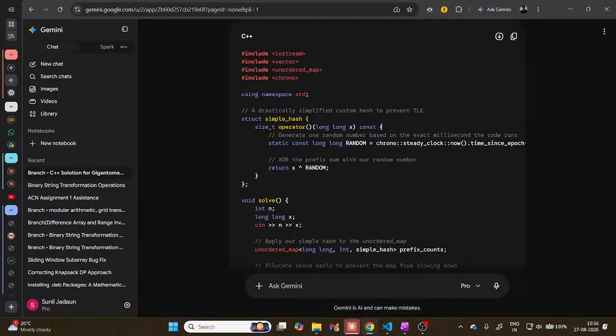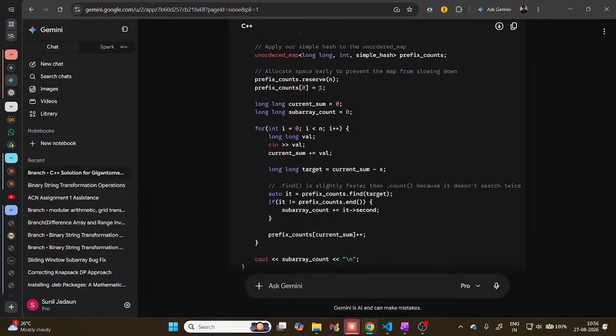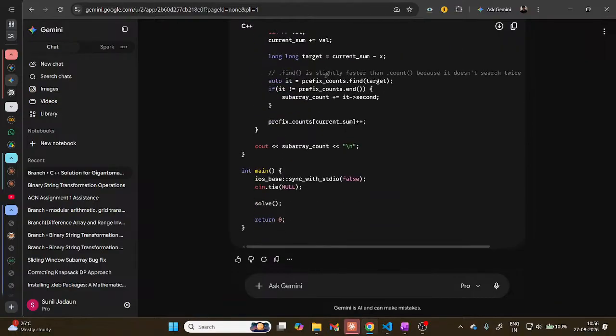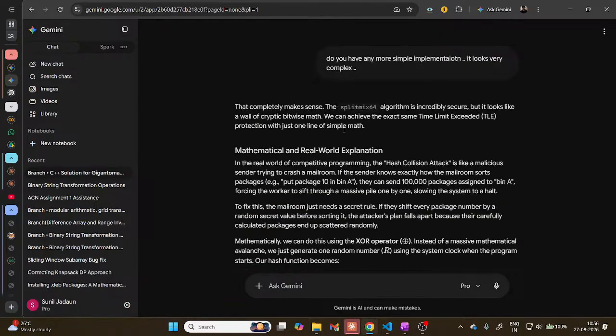Okay, just a simple hash is there, a random XOR k, and we just need a simple hash. Well, it's like everything is the same here.